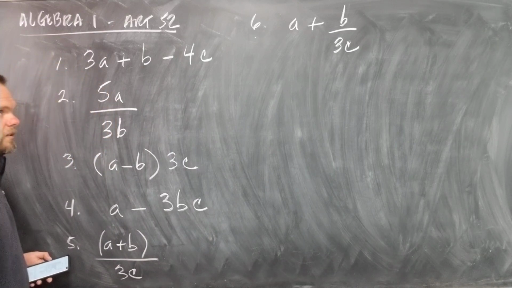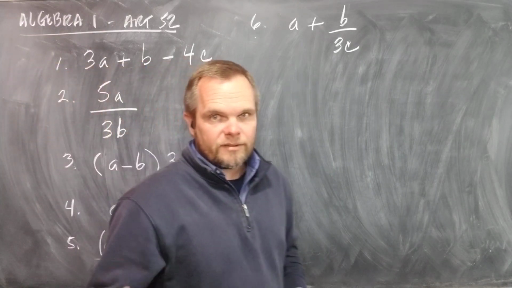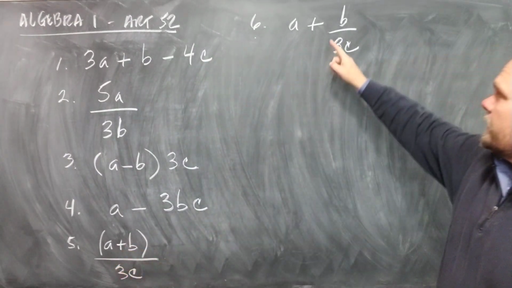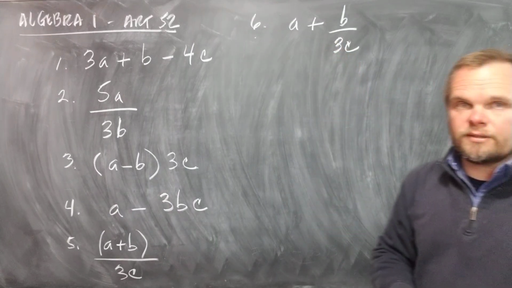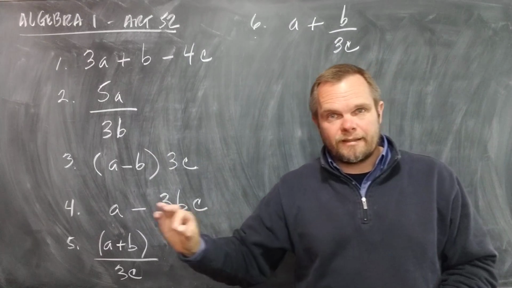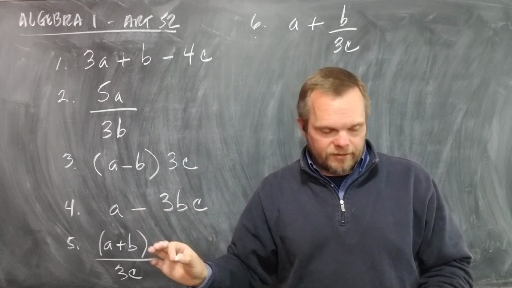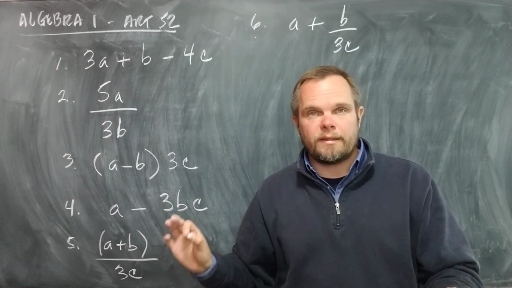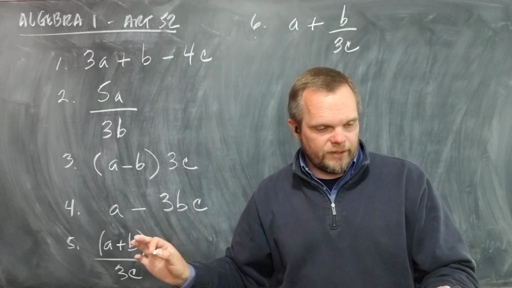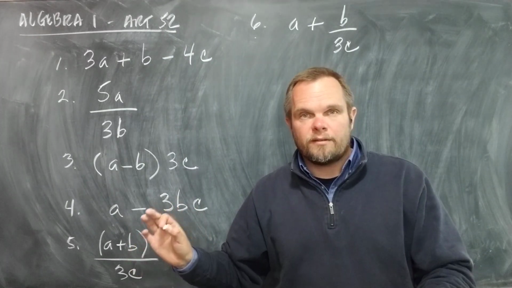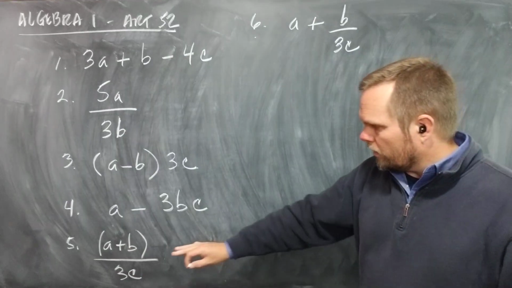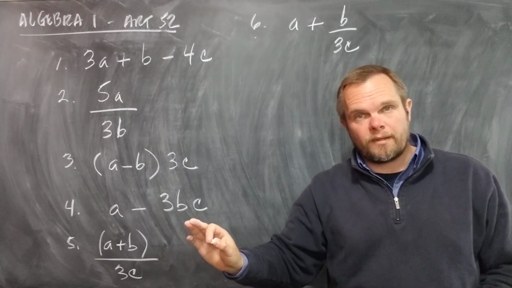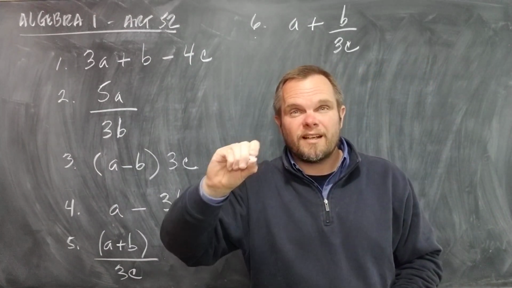Now what I want you to notice here, and what this exercise is designed to test, is that if you look at numbers 5 and 6, you'll see the words are exactly the same. They both read A plus B divided by 3C. The only difference are the commas.